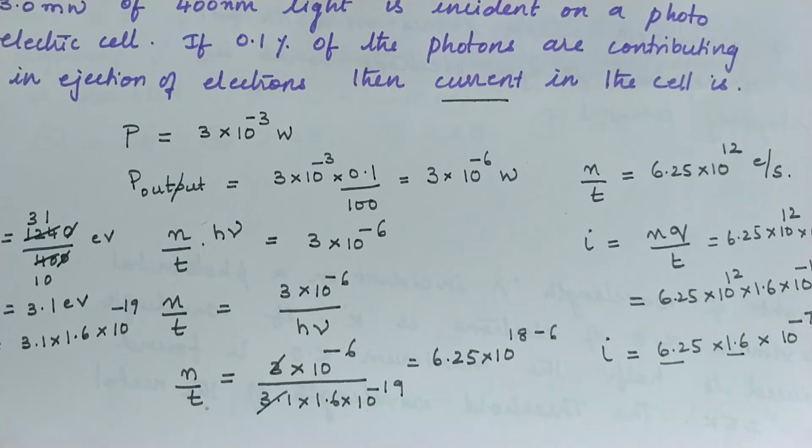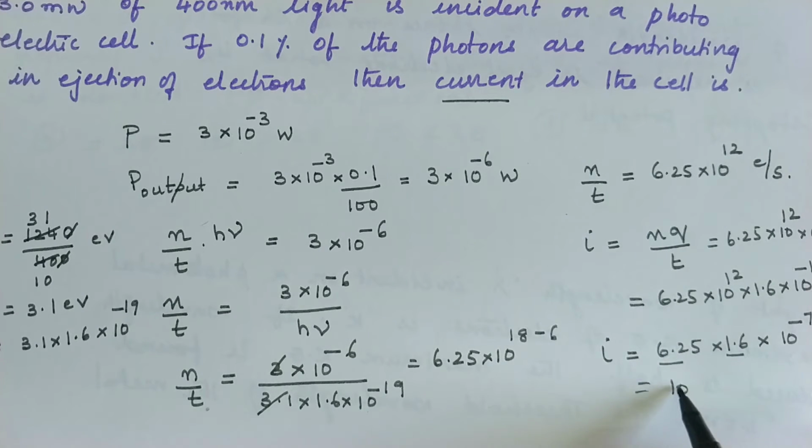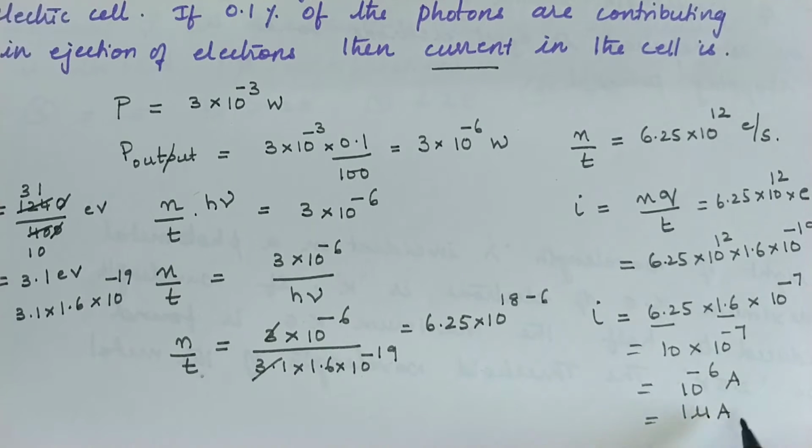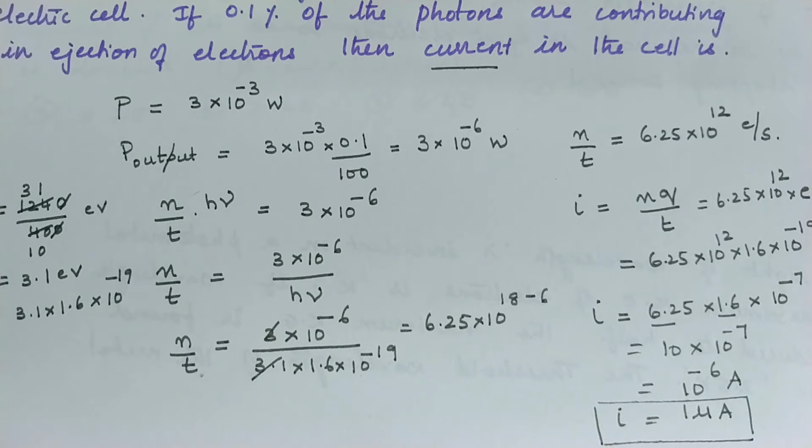You can multiply these two values. What is 6.25 into 1.6? Just multiply, you will get the value as 10. Answer comes out to be 10 into 10 power minus 7. That's nothing but 10 to the power minus 6 ampere, which is 1 microamp. Photocurrent is very, very small, which is about 1 microampere.